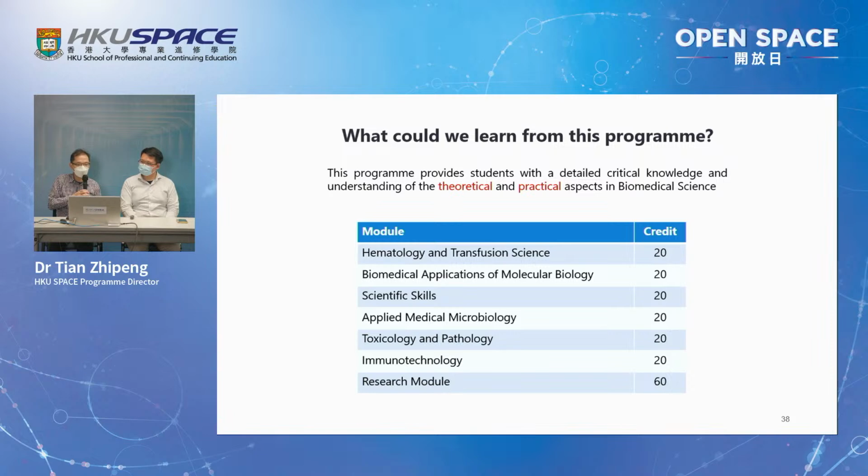There are 6 taught modules in this program. Each module carries 20 credits, plus the final research module. It's over 2 years, so you can see that the study pace is not that fast. It's okay, actually, only 2 evenings per week.